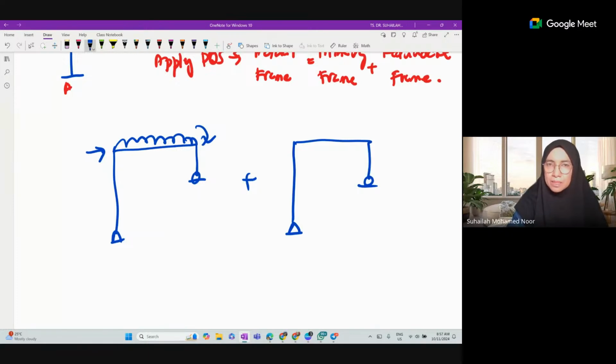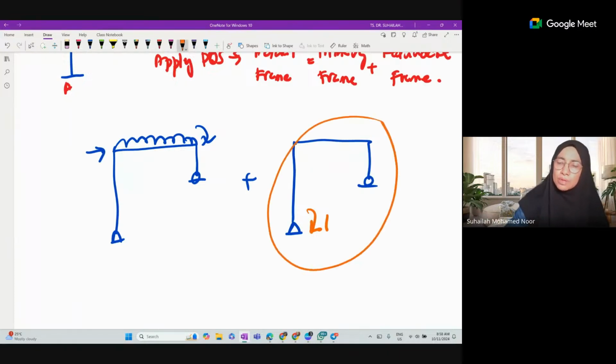Now the other one, the redundant frame, same type, same support, but here we apply a unit value of MA. MA is outside the system.